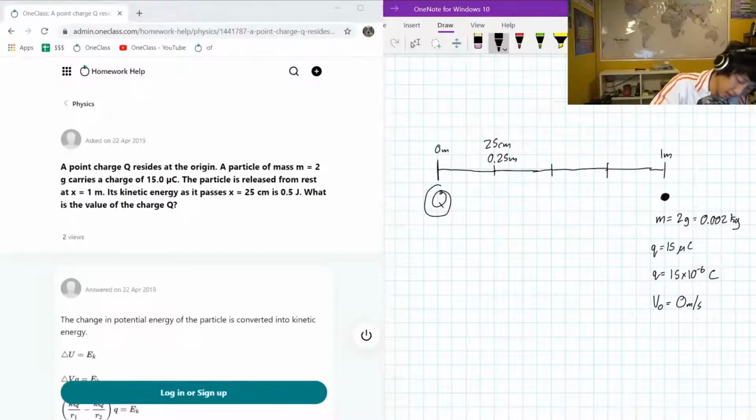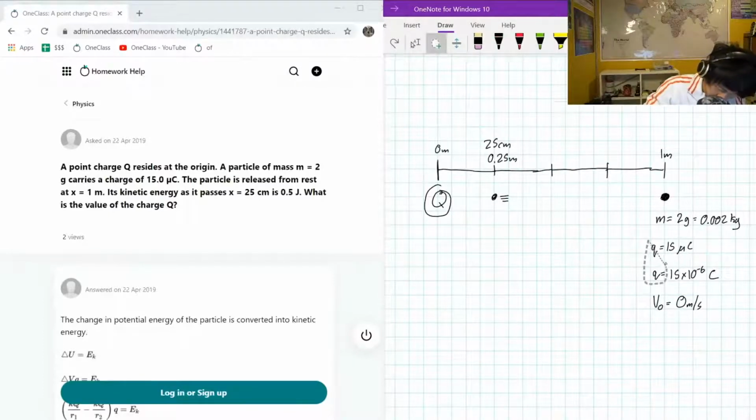And once we get to here, we're moving at this point. Oh, also the charge is negative. That's my bad.